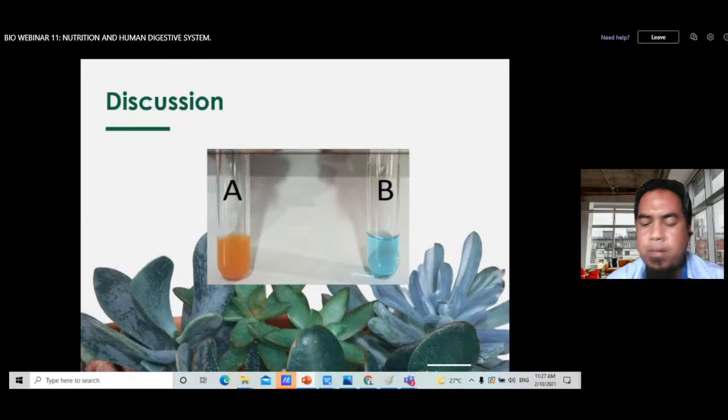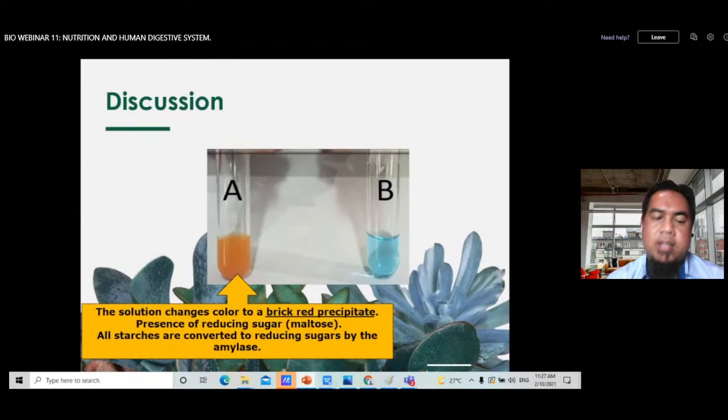While for the Benedict test, in test tube A, the color changes from bluish, the bluish color being from the Benedict solution, to brick red precipitate.